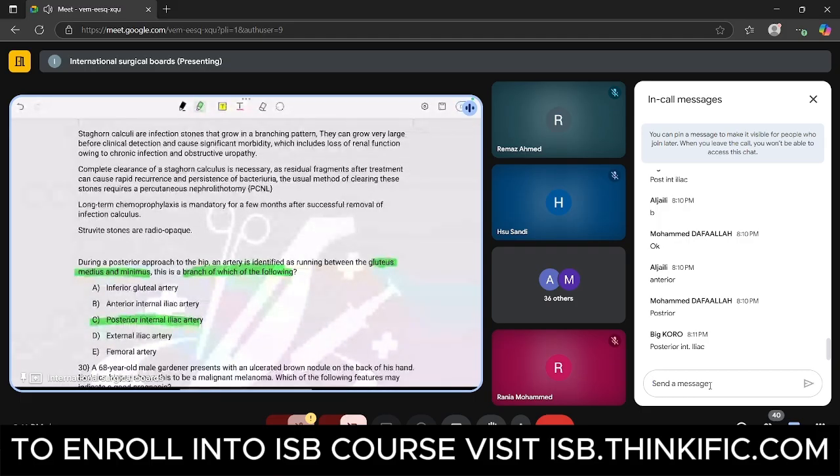Because I can't leave the screen. The problem is I can't leave the screen. I think it's posterior iliac, right? Okay, I'll check it on my phone quickly.